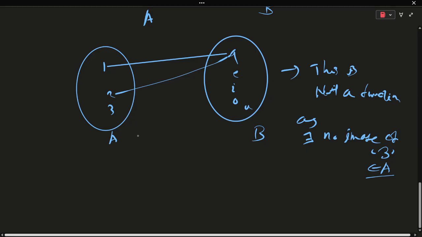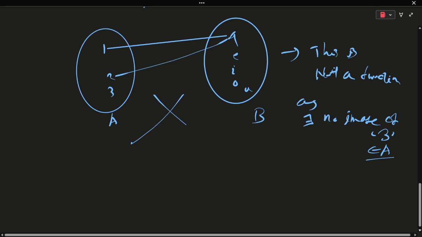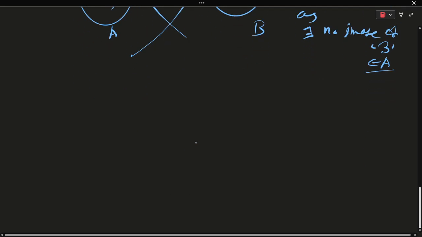Okay, this is not a function, right? You got it? So now, same thing, same as a relation.